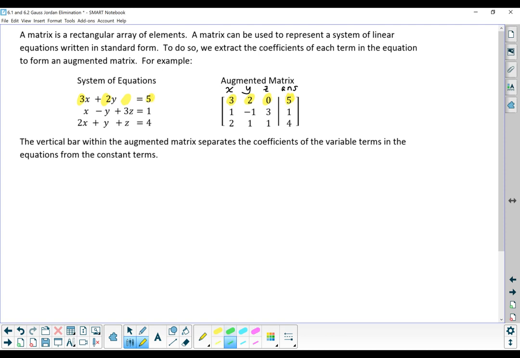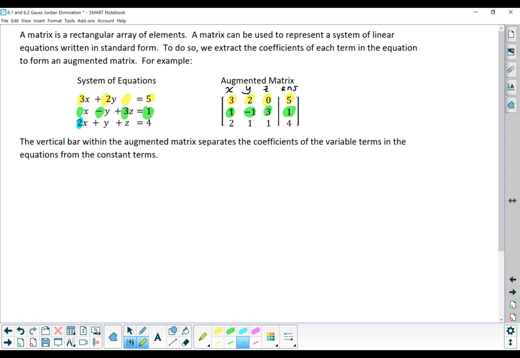And sometimes you'll see a bar going down like this, and sometimes you won't see that. It just kind of depends. Some people always put it and some people never put it. So you may or may not see a bar like that separating the coefficients from the answers. And then the next row down would just represent that second equation. So we've got a 1 first for the 1x, a -1, and a 3, and those added together give us 1, so we have a 1 here.